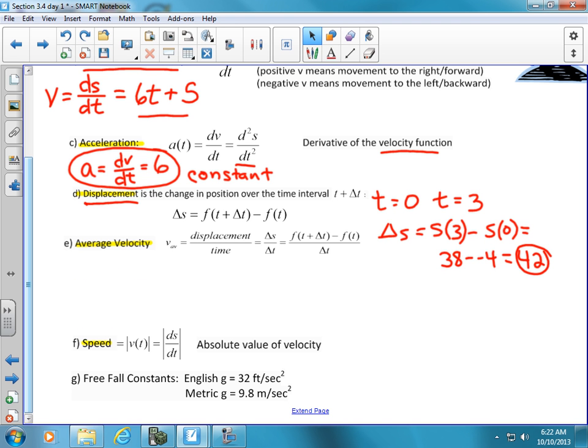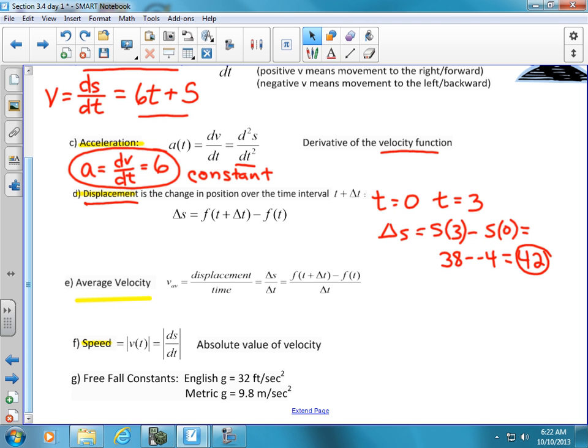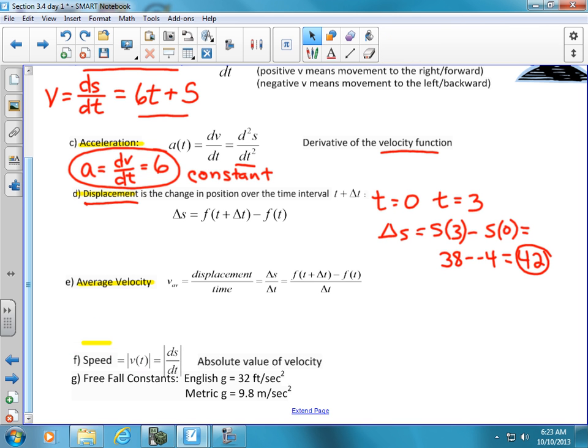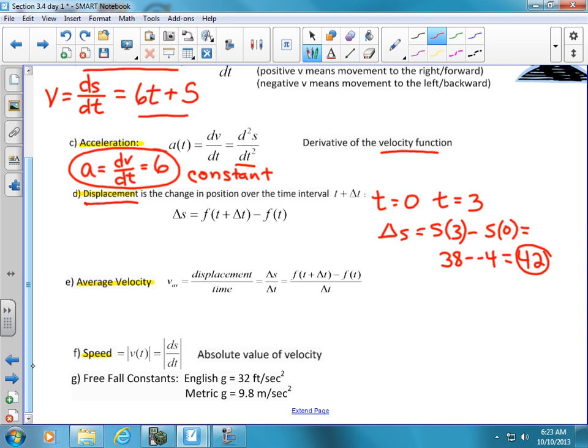Let's move down to speed and average velocity. Average velocity is the displacement over the time, so it's the change in s over the change in time. That's our average velocity. We found this before.